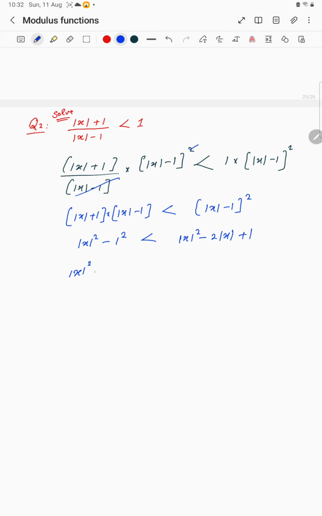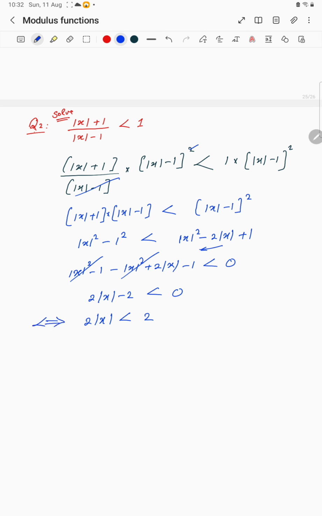We can see this minus 1 minus mod x square minus 2x mod plus 1 becomes minus 1 less than 0, and we get 2 mod x minus 2 less than 0, or we can say 2 mod x less than 2.